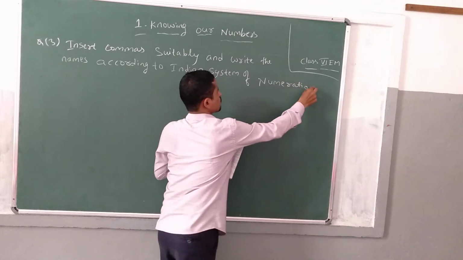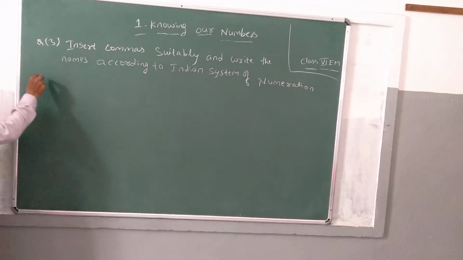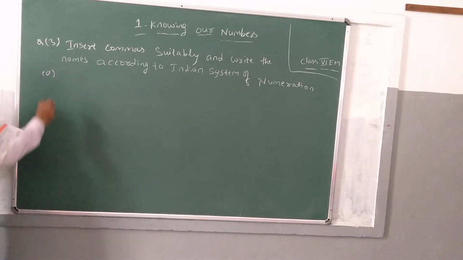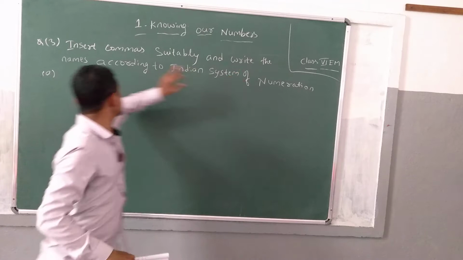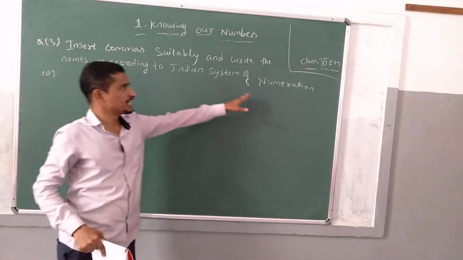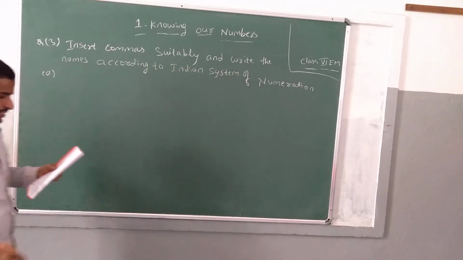Very simple problems, nothing is difficult. So what is the question? Insert the comma suitably and write the names according to Indian system of numeration.